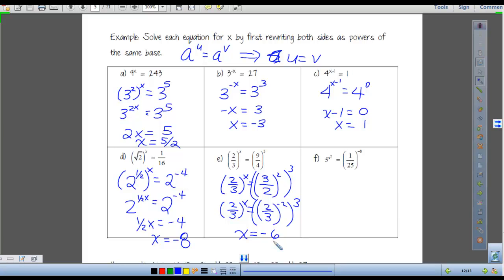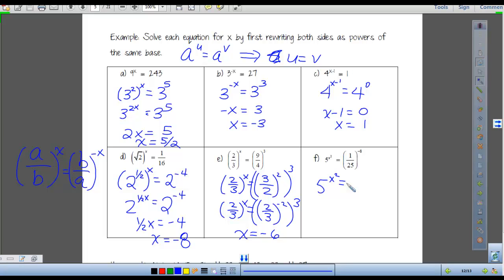Okay, in short, a over b raised to x is equal to b over a raised to negative x. Okay, if we just make the exponent negative, it flips the entire thing. All right, we got 5 to the x squared equals 1 over 25 to the negative 8. So we got 5 to the x squared. 5 is going to be our base.